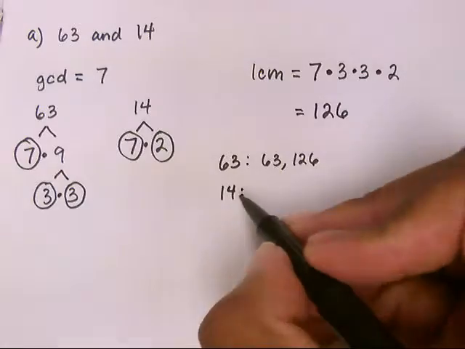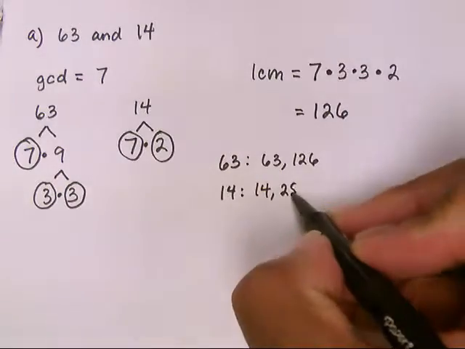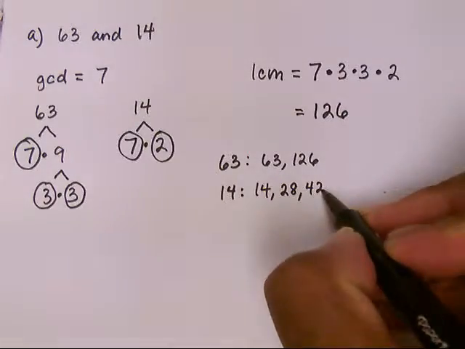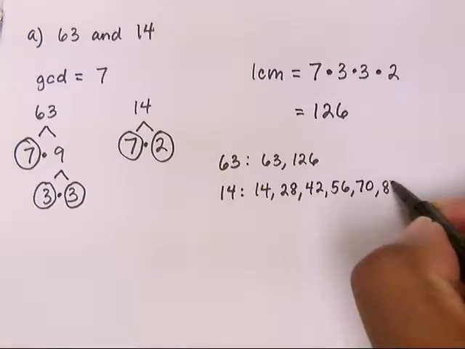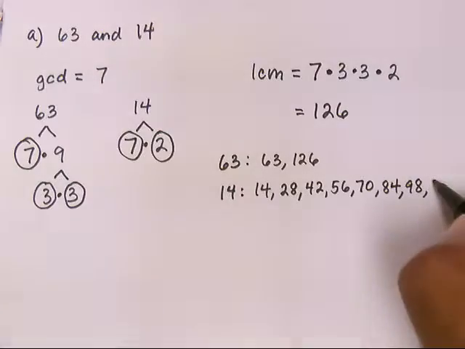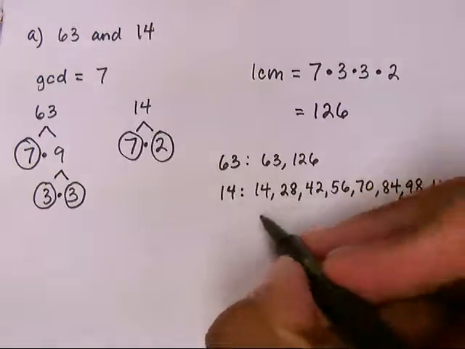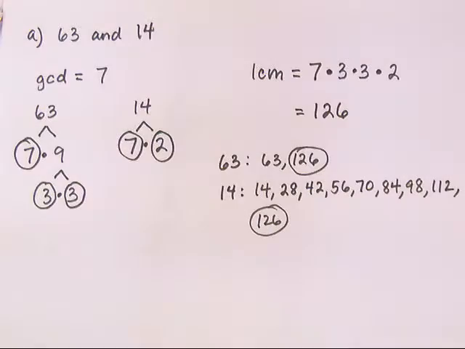And if I stop at 126, 14 may take a while because I'll have 14, 28, 42, 56, 70, 84, 98, 112, and then 126. And you'll see that 126 is the smallest common multiple of 63 and 14. So the least common multiple there would be 126.